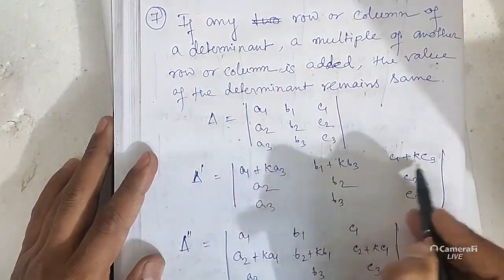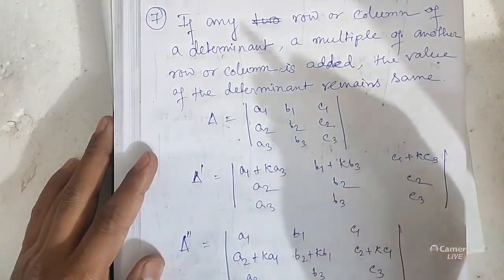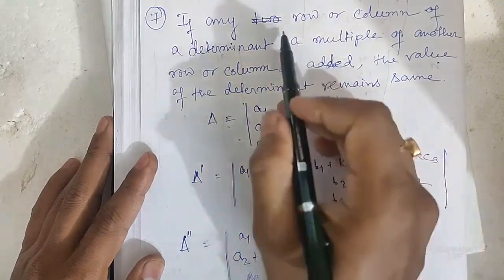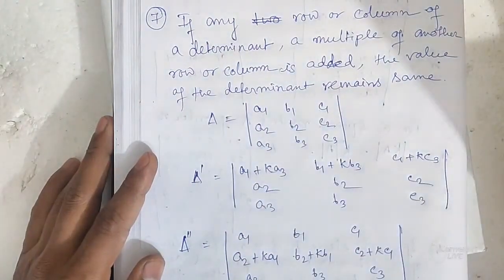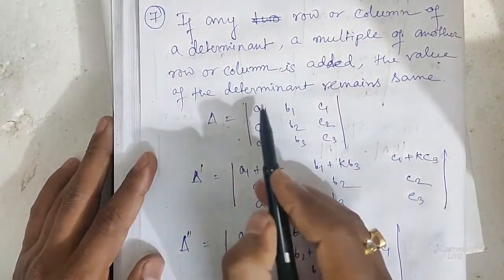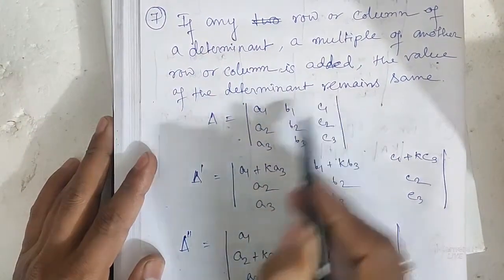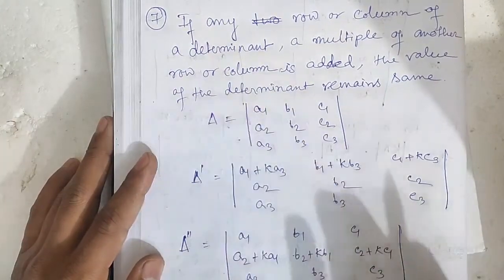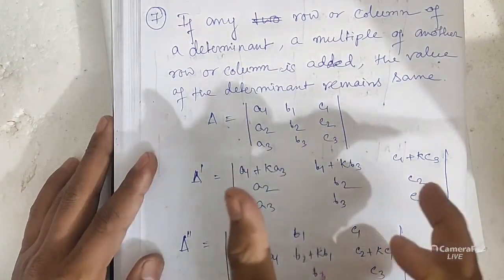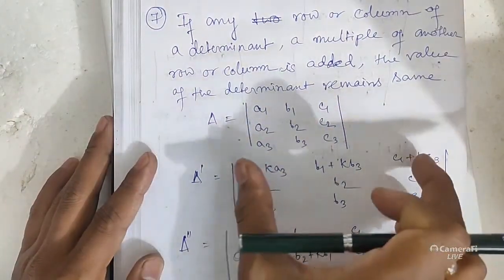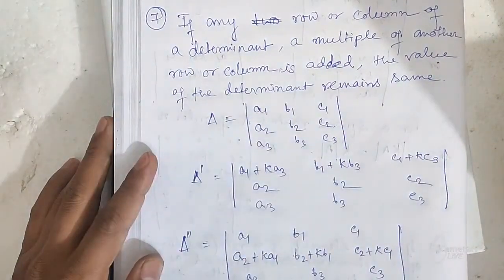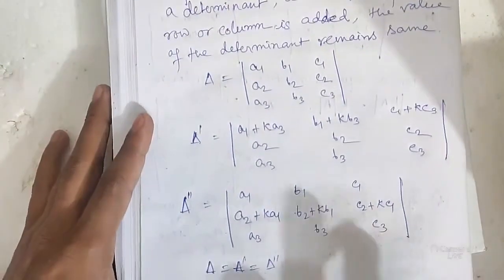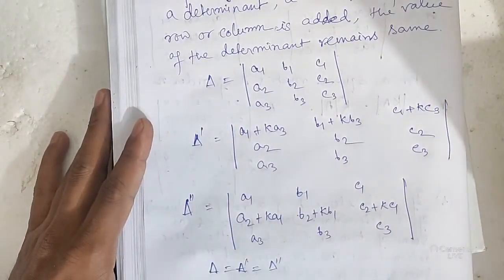Whatever operation you do with a row, the same operation you can do with a column also. That's why row or column is written. If I write A1 plus K C1, A2 plus K C2, A3 plus K C3, then also the value will be same. So when I do an operation on a row, you can do the operation with the column also. Both will be same and the value will be same. Is it clear?